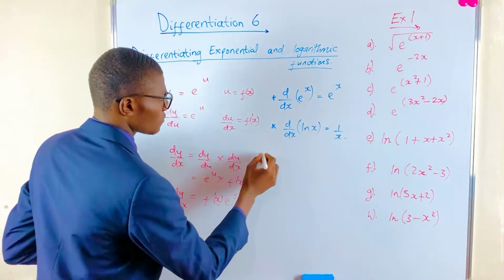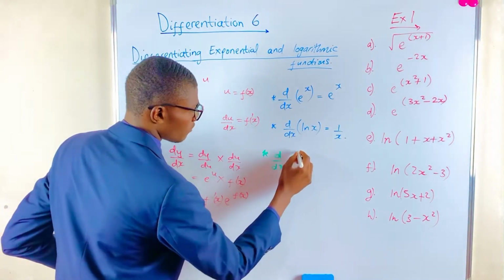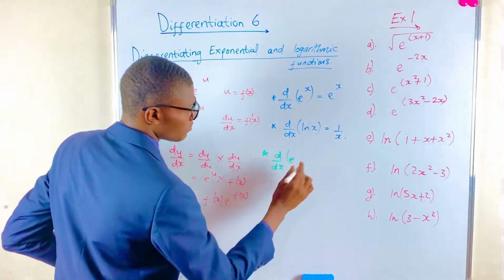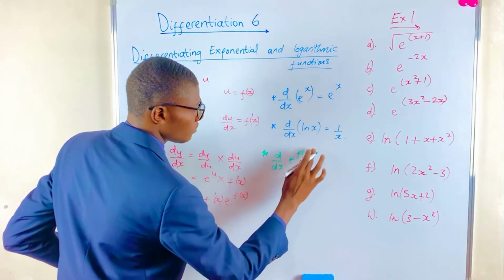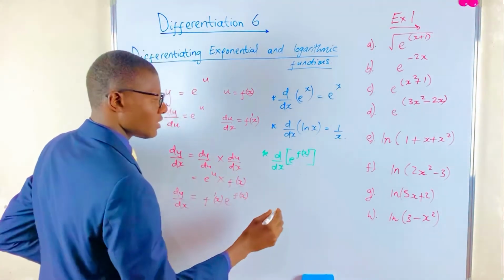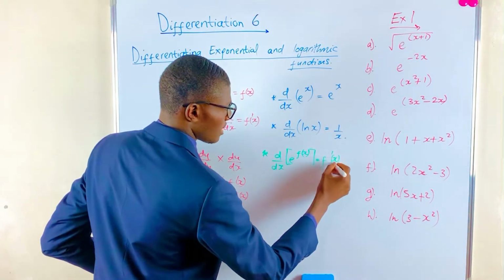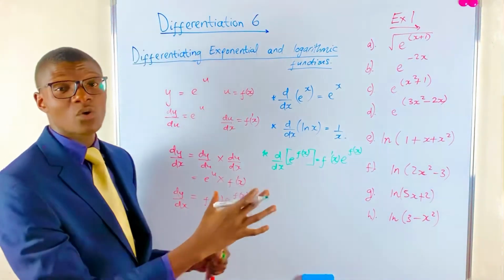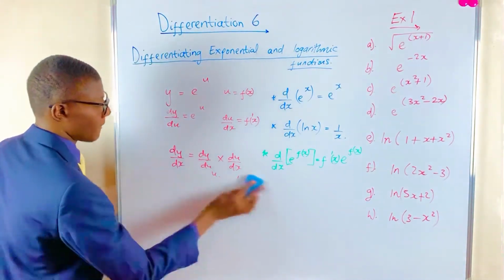We are saying d by dx of e to the power of f of x, in square brackets, is equal to f prime x times e to the power of f of x. So this is the general quotable result. Now allow me to erase this.